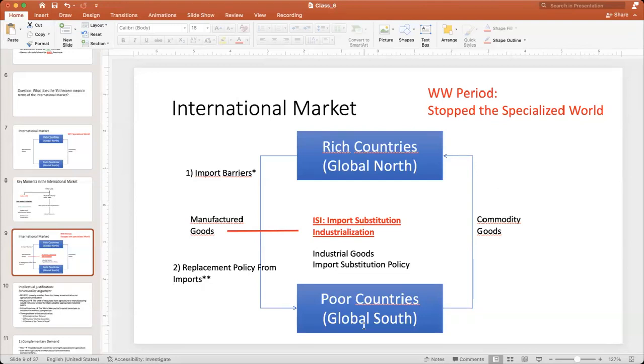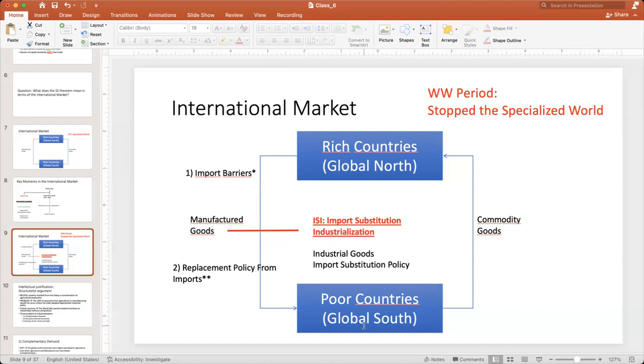The import substitution industrialization we're going to define better, but basically the main idea is when a country is trying to produce domestically the imported goods. And this was not a decision. It's more a necessity. The global south required these types of goods and services.